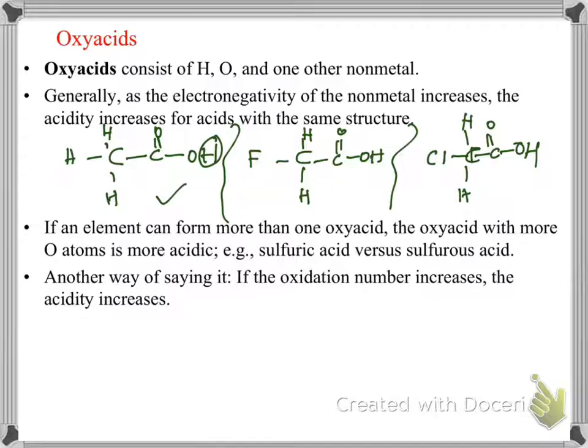In all these three molecules, this is the hydrogen that gets ionized, meaning this is the one that gets donated. Now, what we have done is replace one of the hydrogens with fluorine here, and in this case, with chlorine.